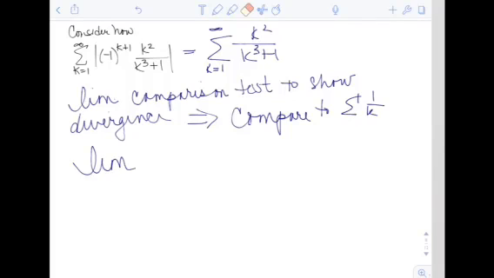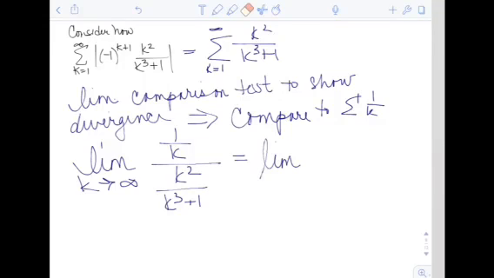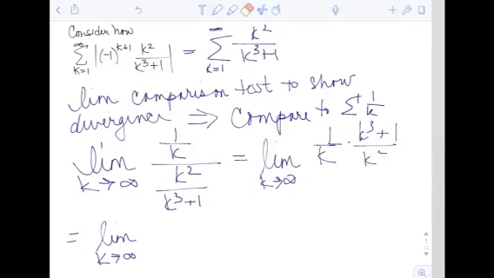If we then take the limit as k approaches infinity of 1 over k squared over k cubed plus 1, you end up with the limit as k approaches infinity of 1 over k times k cubed plus 1 over k squared, which gives you the limit of k cubed plus 1 over k cubed. And again, because the degrees are the same, this limit would be the ratio of the coefficients, which is 1.